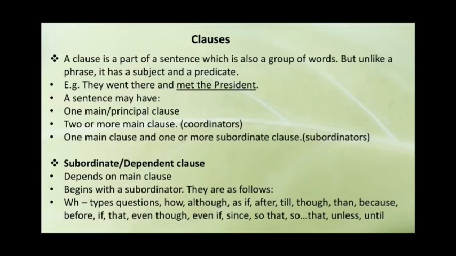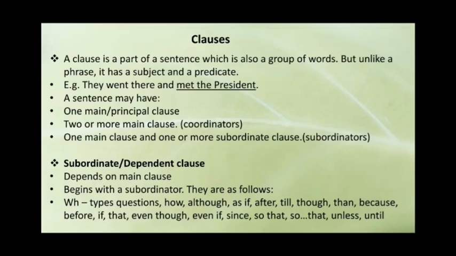So, children, in clauses, a sentence may have one main or principal clause. So, that means we have main clause and subordinate clause. One sentence can have one main clause. Main clause is also called principal clause.